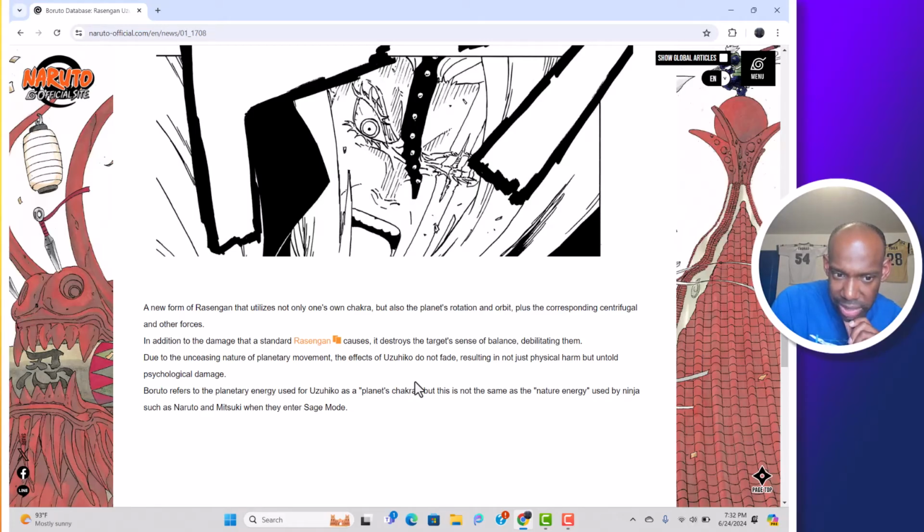Due to the unceasing nature of planetary movement, the effects of Uzuhiko do not fade, resulting in not just physical harm but untold psychological damage. Boruto refers to the planetary energy used for Uzuhiko as a planet's chakra, but this is not the same as nature energy used by ninja such as Naruto and Mitsuki when they enter Sage mode.